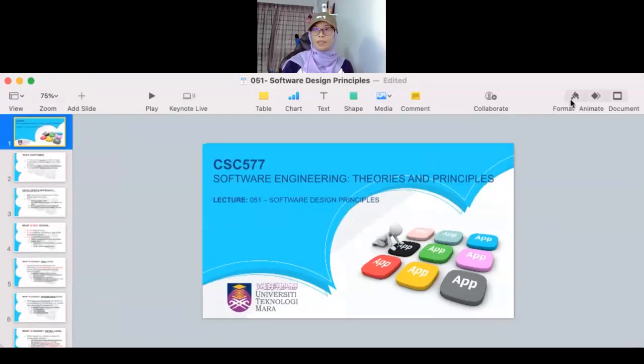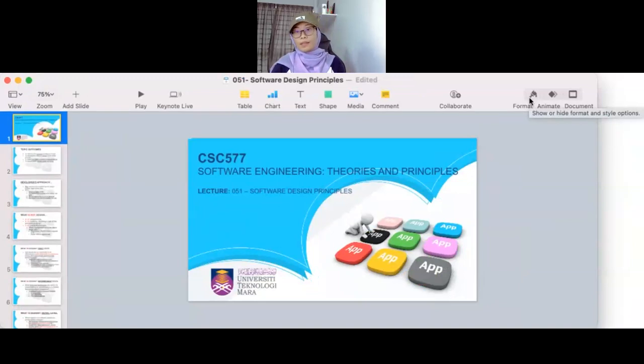Okay, wait, let me share the screen first. So following the syllabus that was given to us, in the overall process we have six processes, right? Do you still remember? What is the first process? Analysis, analyze. Analyze is to gather all the requirements, and then what is the second process?